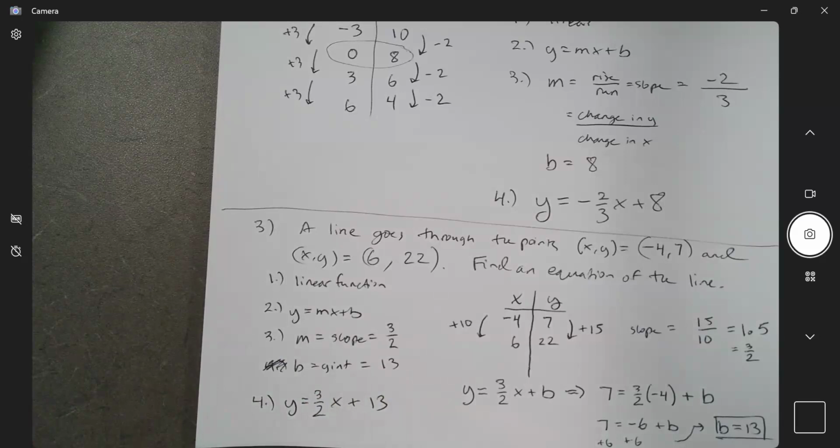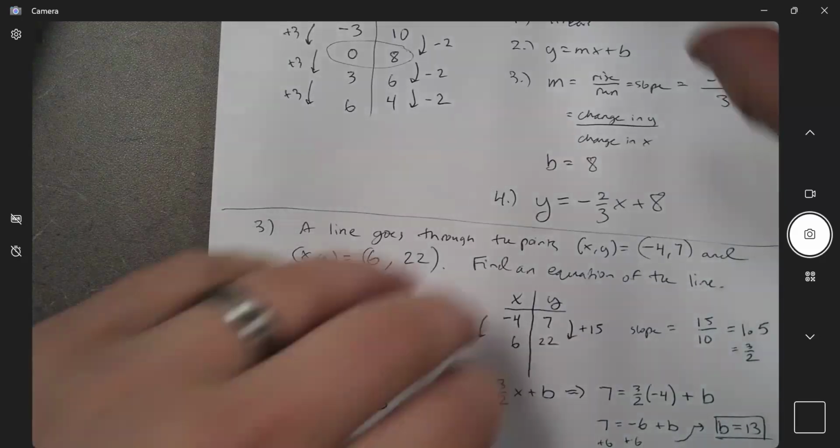All right, one more topic, and then I'll hand out the worksheets. That is function notation.